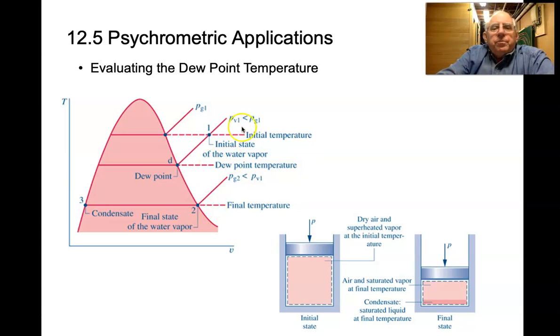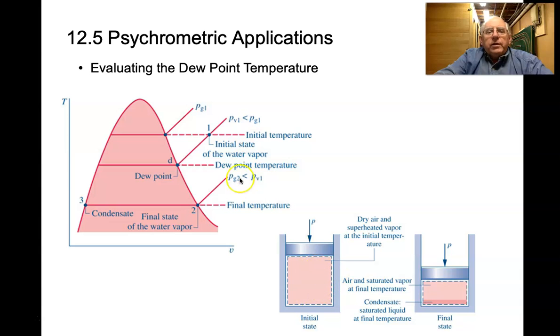Now, if we were to show that process in a piston cylinder here, we start off with a constant pressure mixture, with dry air and some superheated vapor at this condition right here. If we then take away energy, we cool this and allow the temperature to drop.